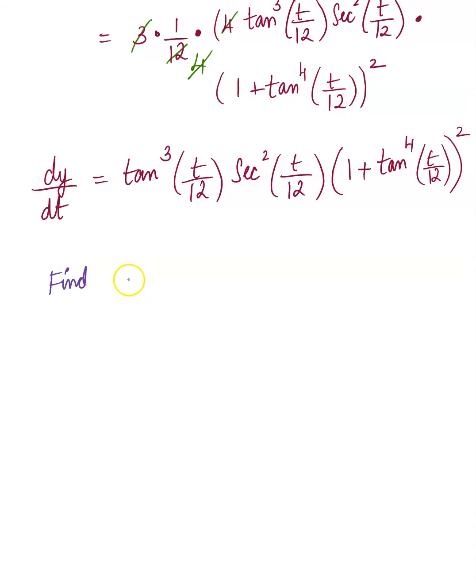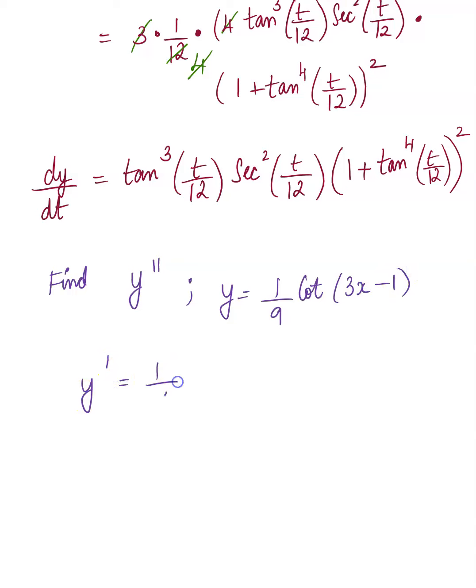To make it a little interesting, we're going to find y double prime, the second derivative. We're given y equals 1 over 9 cotangent 3x minus 1. So y prime will be 1 over 9, which is constant. Derivative of cotangent is negative secant squared x, right? So negative, not secant, cosecant.